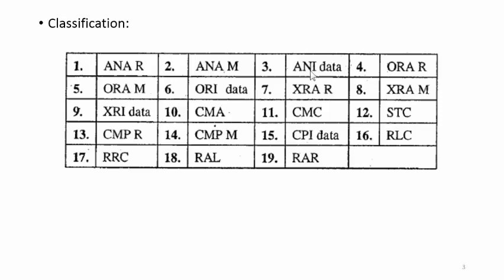Then ANI. Here I indicates the immediate operation. AND immediate with 8-bit data, the accumulator content is ANDed immediately. Likewise ORA, the ORing operation: accumulator content and specified register content get ORed, and the result we always get in the accumulator.